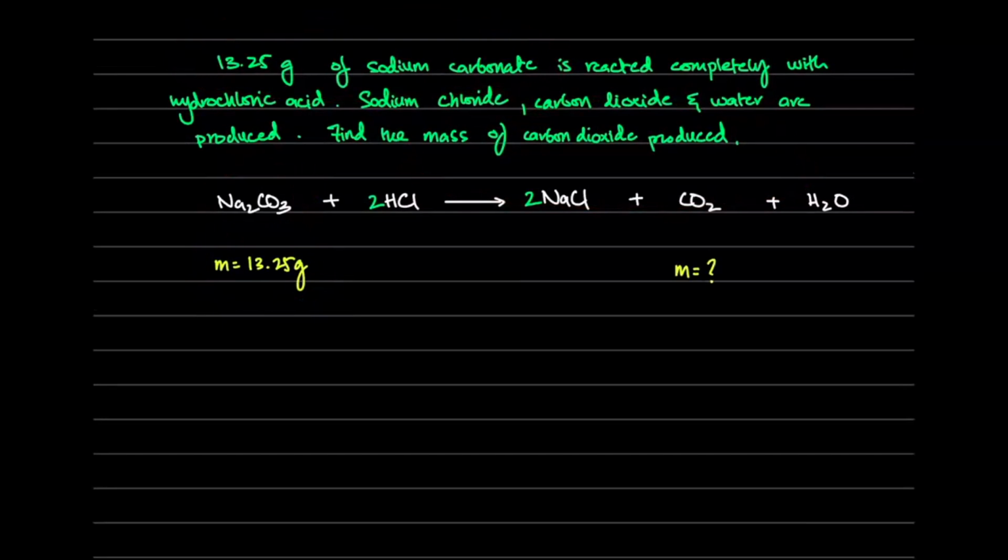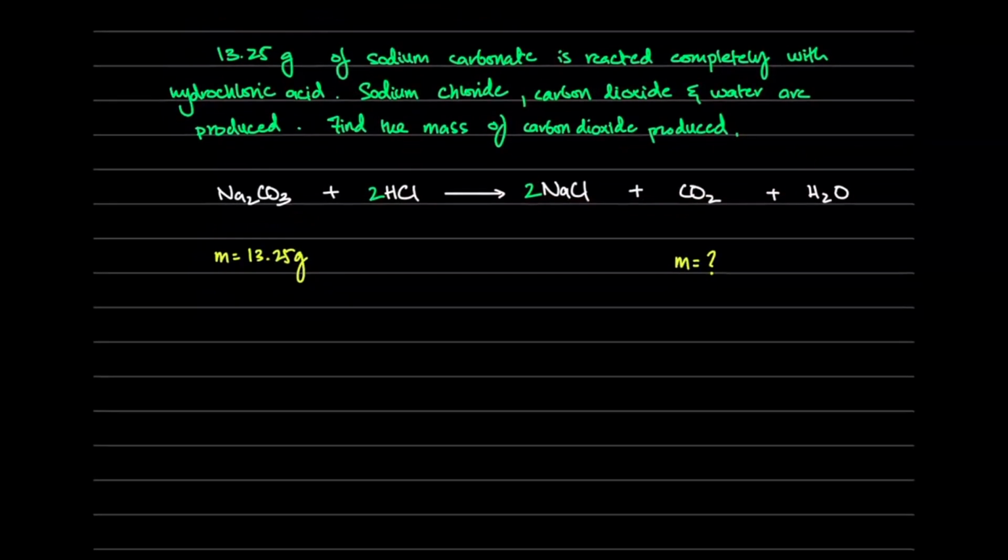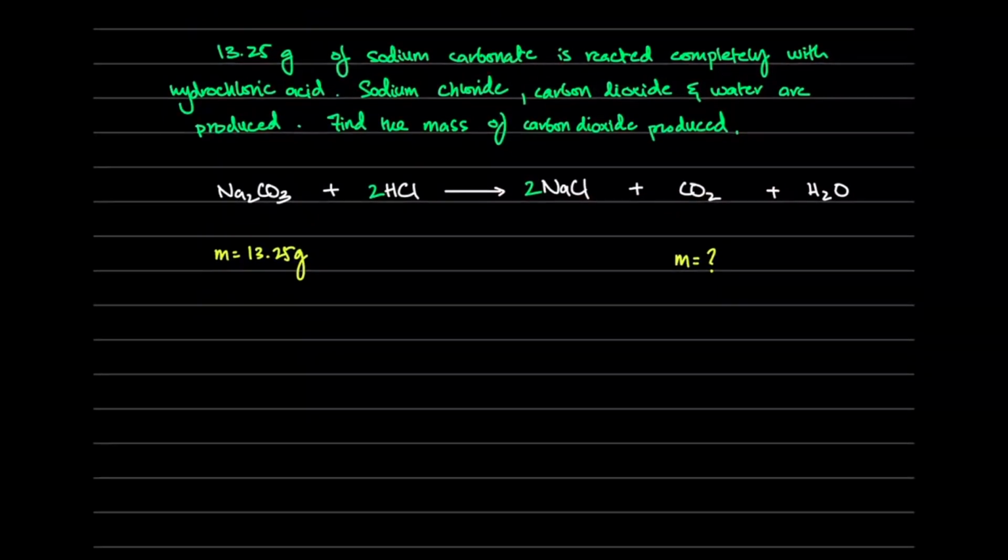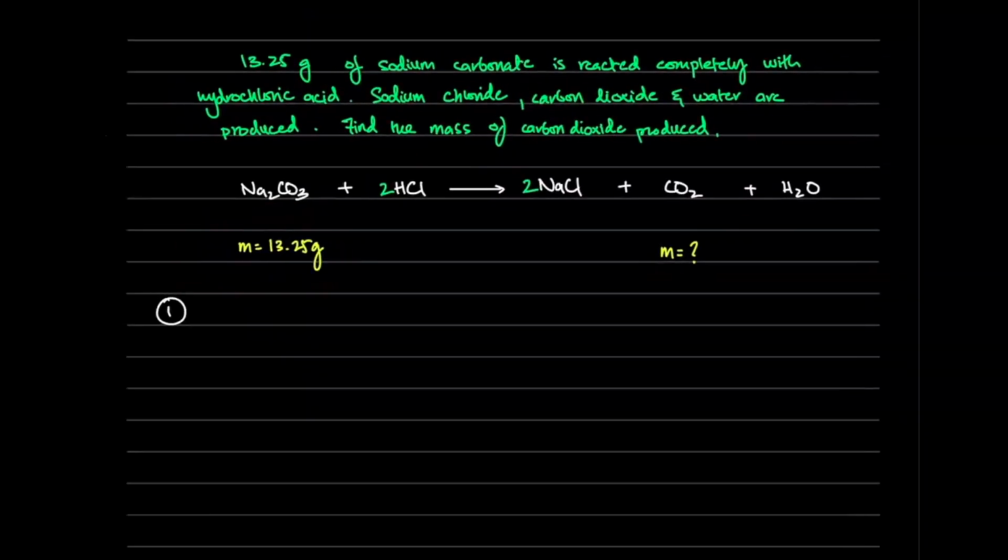So to find the mass of carbon dioxide, again, we're going to follow the 3-step process, right? The first step, we need to convert the known quantity to moles. आपकी known quantity क्या है? Sodium carbonate का mass दिया हुआ है. The number of moles क्या होता है? It is the mass divided by the molar mass.